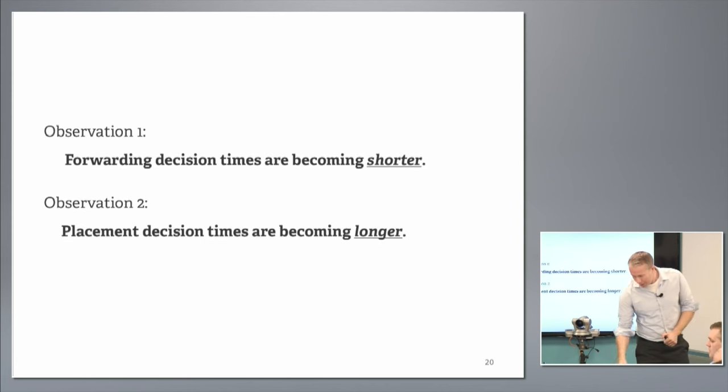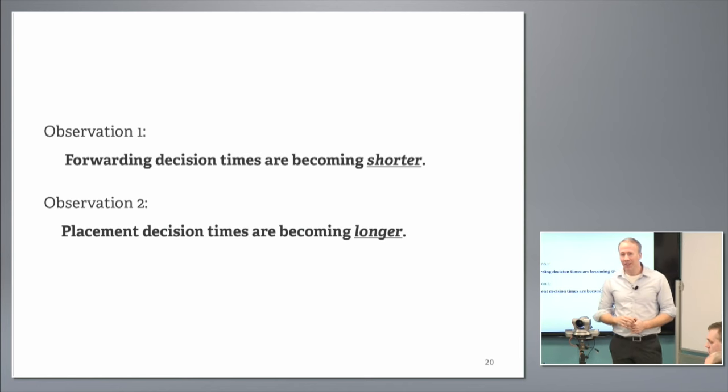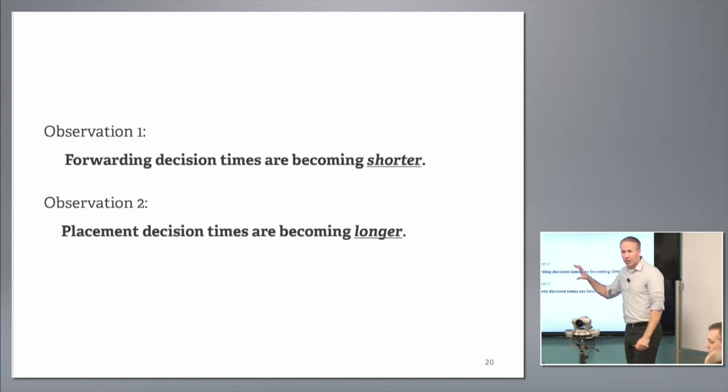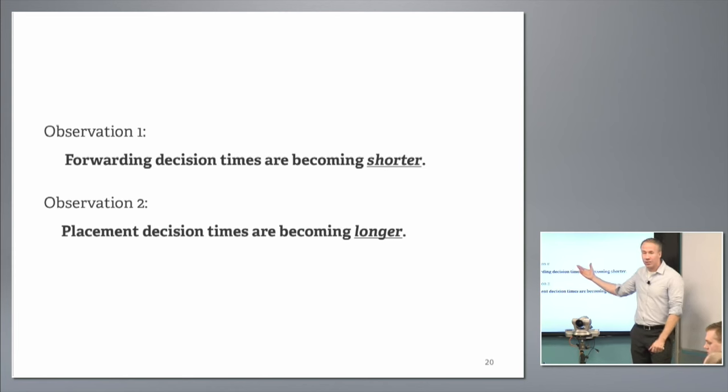And so there are 2 really, really crucial observations that I've drawn from working with these memories over time, right? And these are really interesting things to think about storage system design under. The first observation is that the forwarding decision times in a storage system, and I'm using a networking instead of a storage term here. Just request processing, let's say.